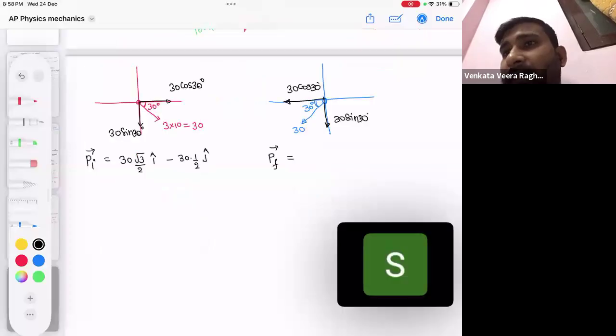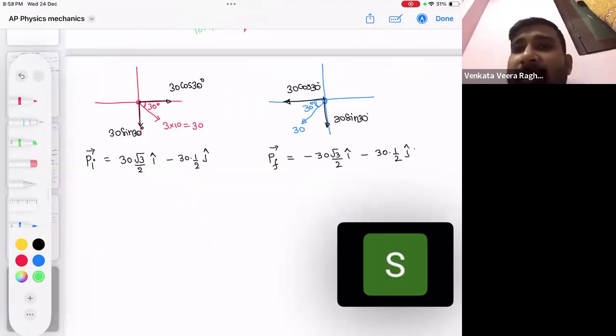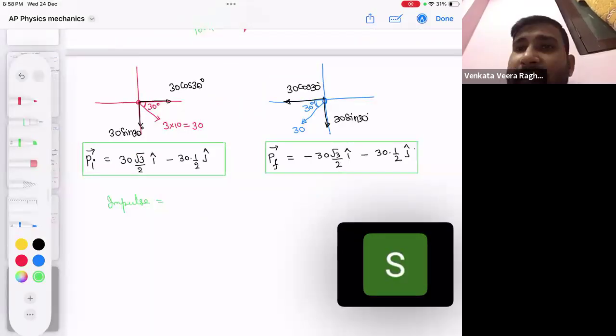Will you write minus 30 cos 30 that goes in minus i cap, and 30 sin 30 that goes in minus j cap? Please tell me, is P final done? Can I write impulse will be equal to this?